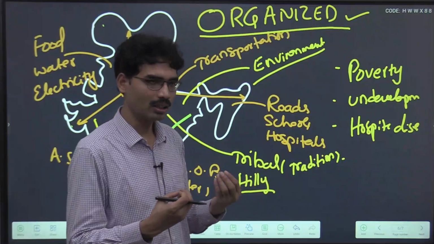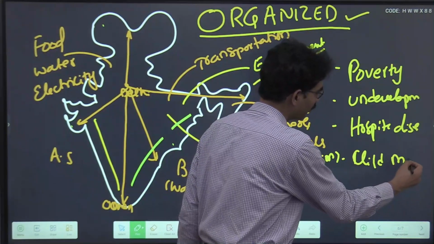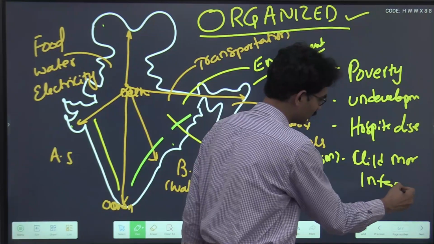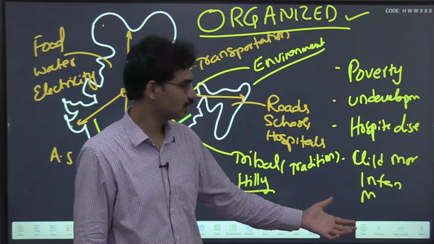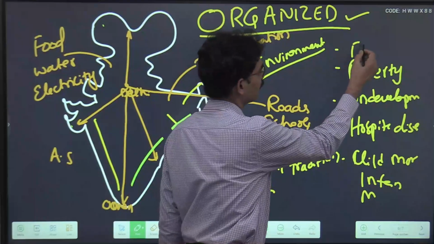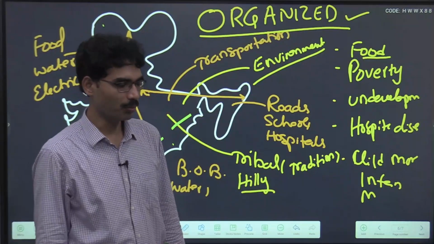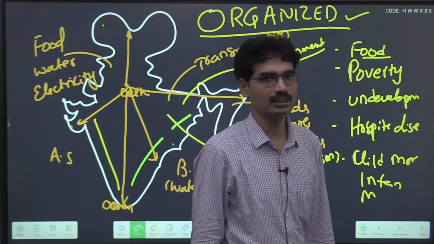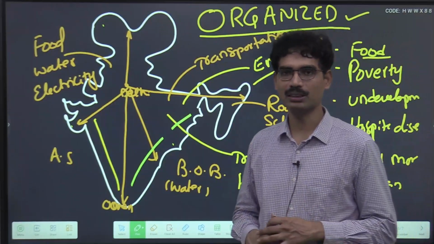Some people are dying at the children stage only: child mortality, infant mortality, maternal mortality. People are dying in hospitals due to diseases, due to lack of food. That shows we are still yet to create more organized, professionalized civil services, which is essential for public service.